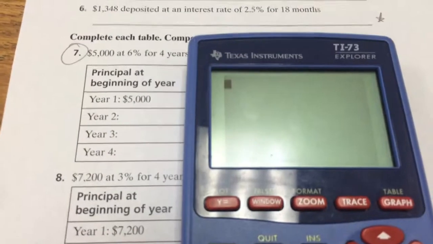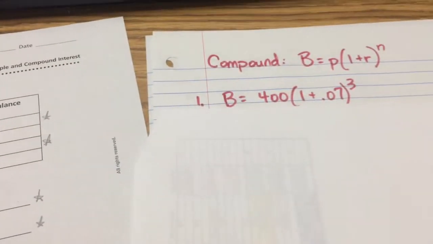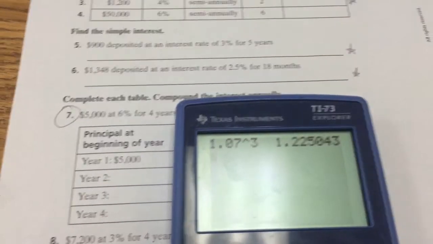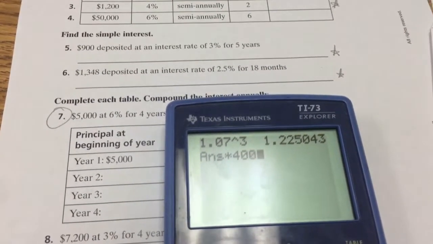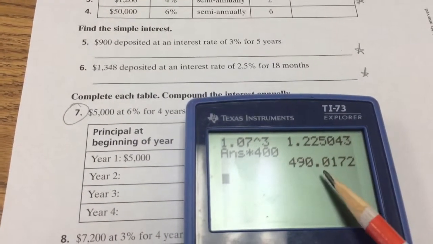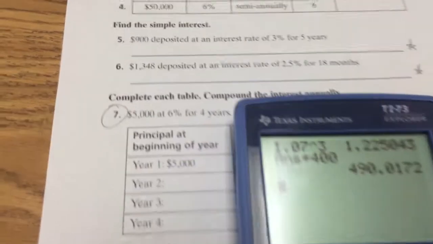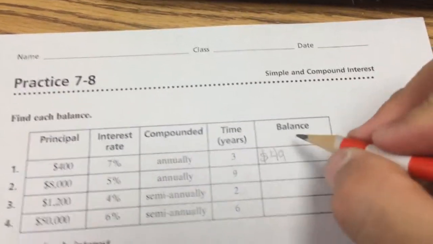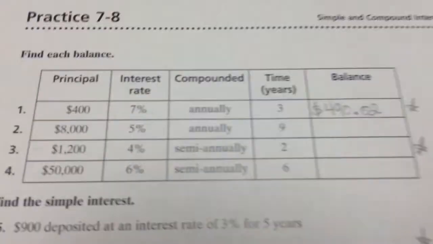So I'm going to come to my calculator, and I can do 1.07 in my head, and raise that to a power of 3, and take that number and multiply it by 400. And I get $490.0172. That's going to be 0.01, but the 7 is going to raise it up to 2. So I'm looking at $490.02. So I'm going to write that in. $490.02. So that's my first one right there.